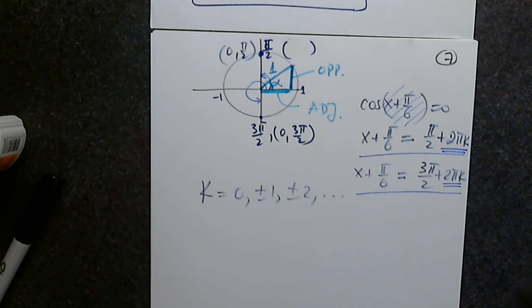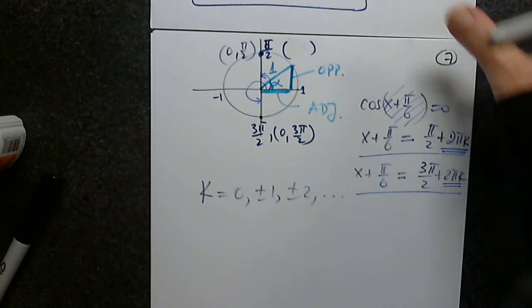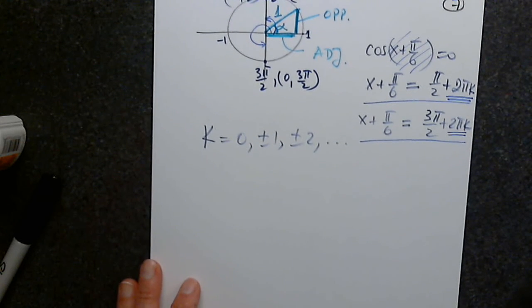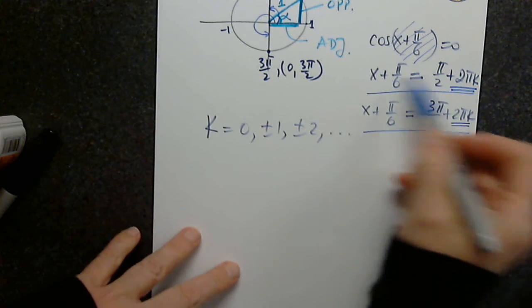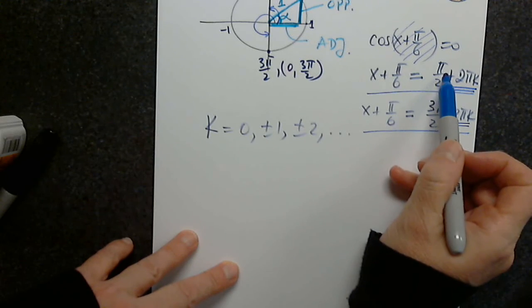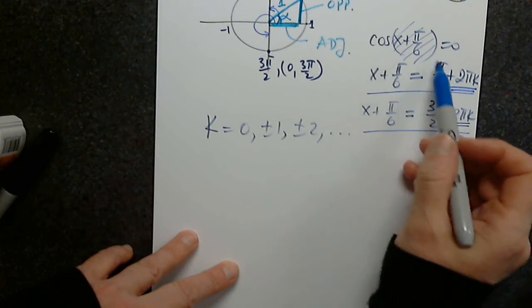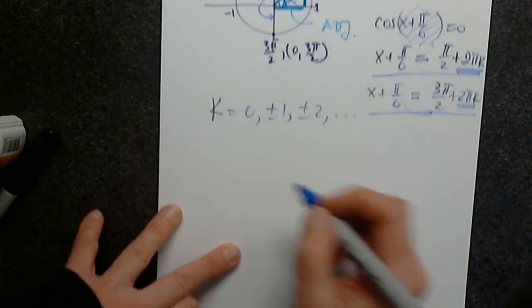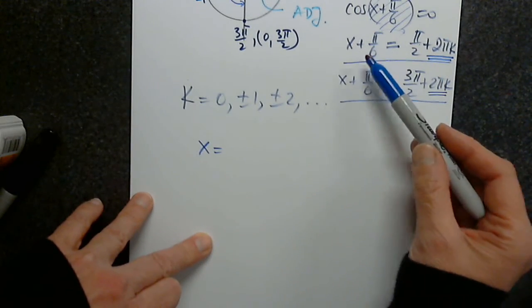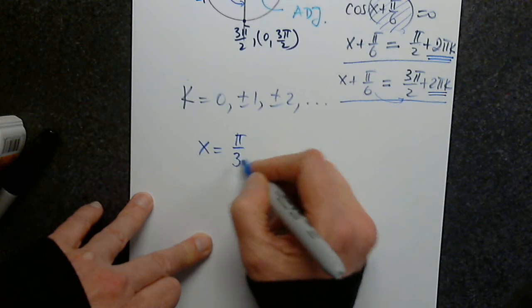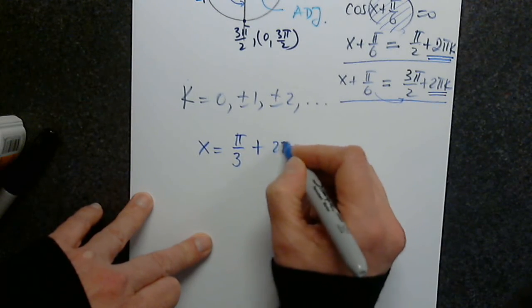Because we want to find the domain. We don't want to just determine where cosine is 0 within one complete rotation, but forever. So the only thing I need to do is subtract pi over 6 from pi over 2, moving it to the other side. Pi over 2 minus pi over 6 is 90 minus 30, so this is pi over 3, plus 2 pi k.